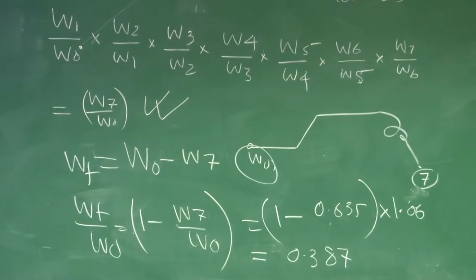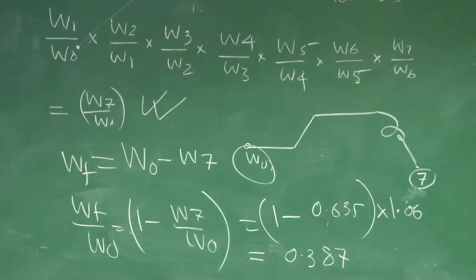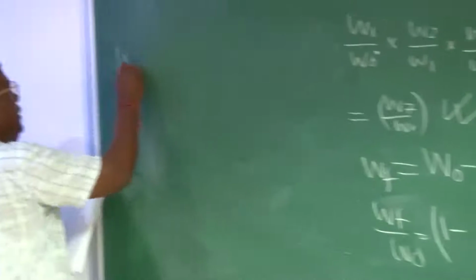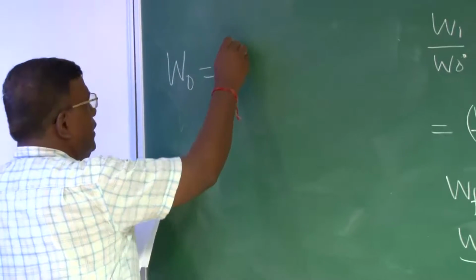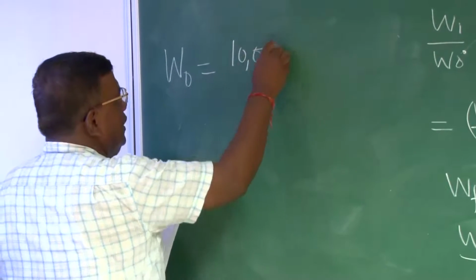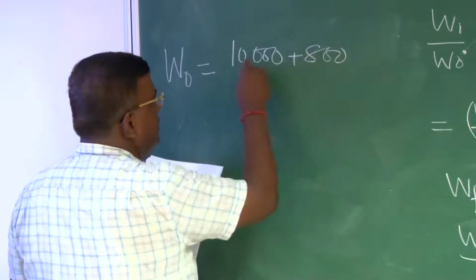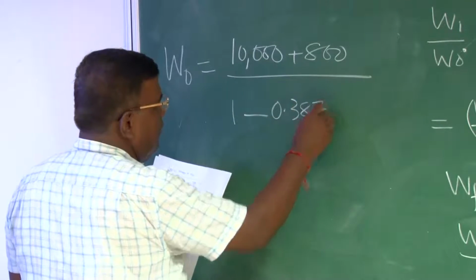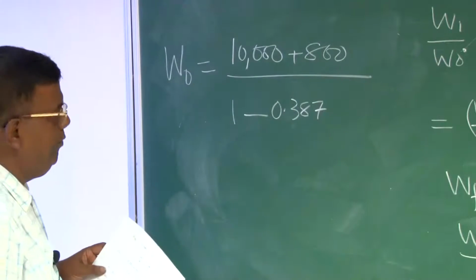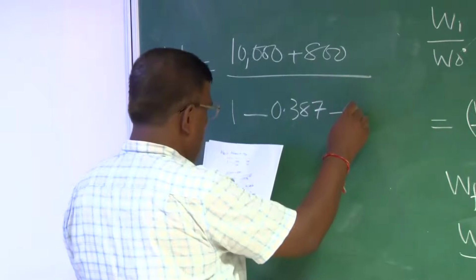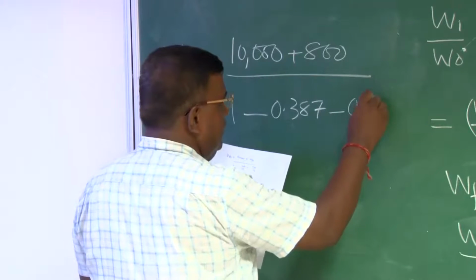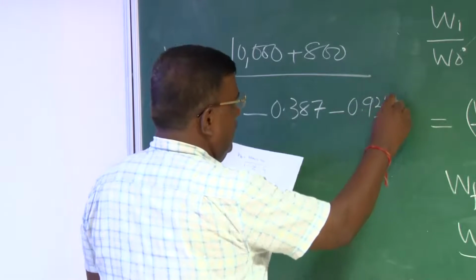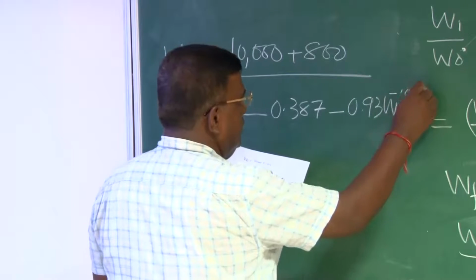Okay, why are we doing all these things? Again, I go back. You remember, our aim was W0. W0 was, as per the mission, 10,000 plus 800 pounds by 1 minus 0.387, because this is WF by W0, and for WE by W0, we have seen it was W0 to the power minus 0.07.